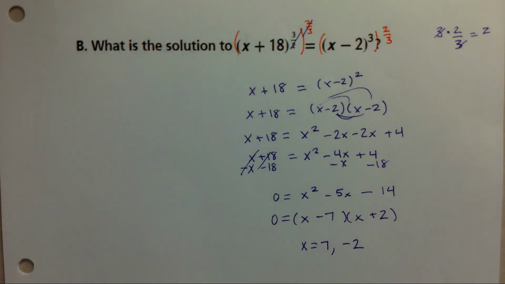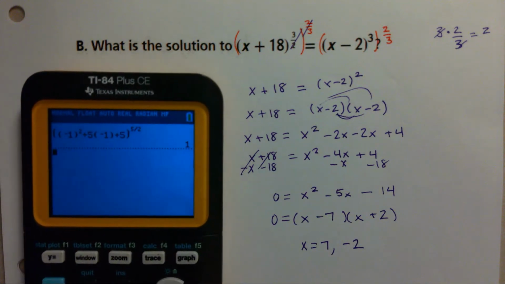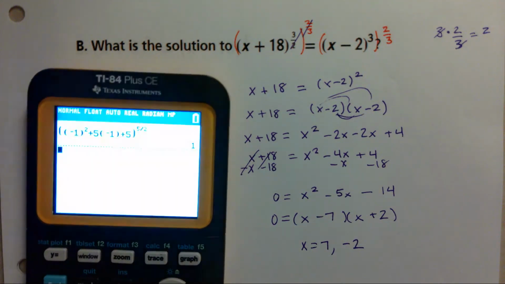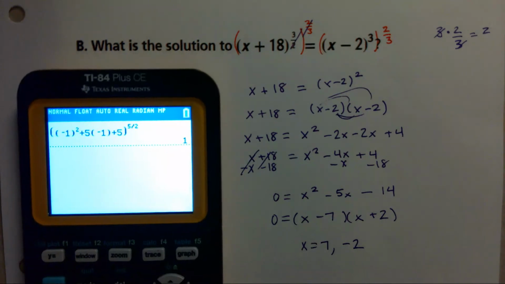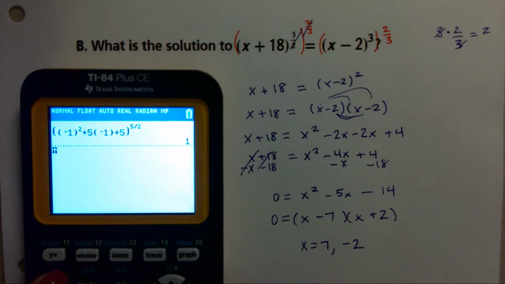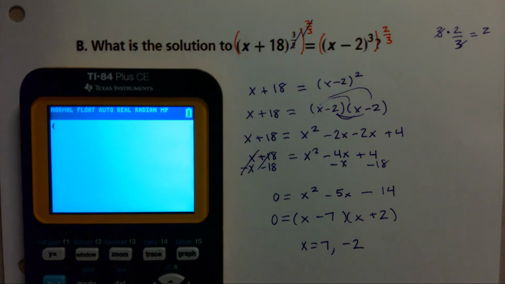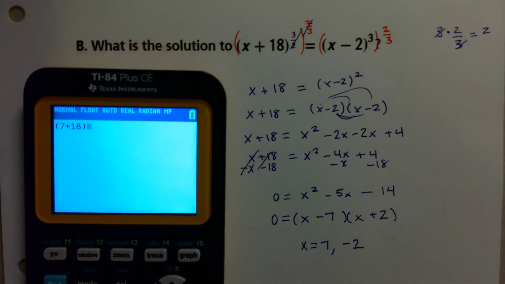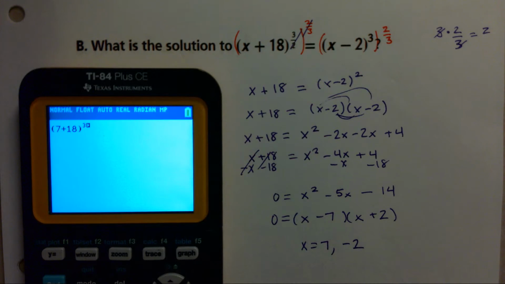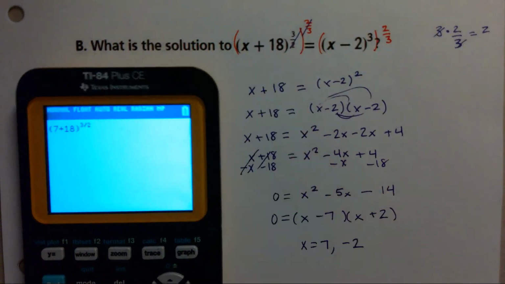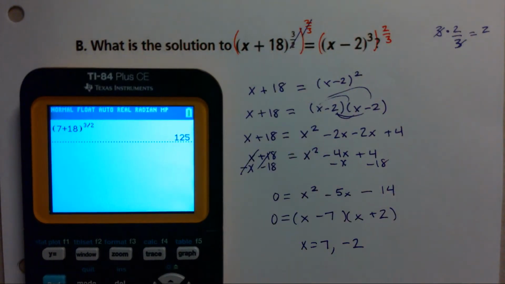And so I'm going to check those in my calculator real quick. If x is 7, let me turn my brightness down here a little bit for you. If x is 7, we're going to have 7 plus 18 raised to the 3/2. I'm going right to the original equation. And I get 125. And then on the right side of the equation, I'm going to have 7 minus 2 to the 3rd power, which is 125.